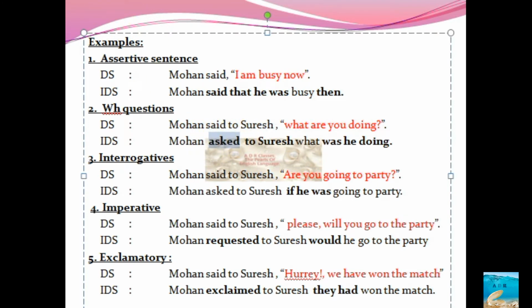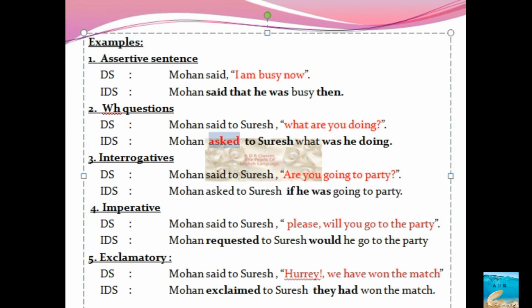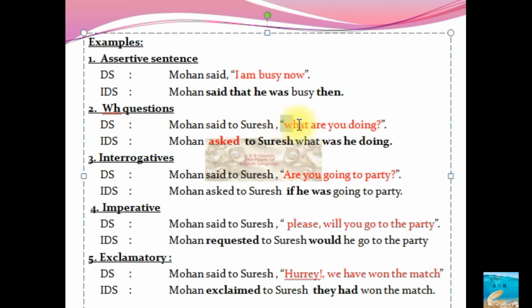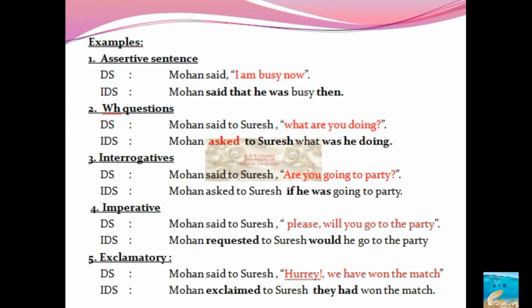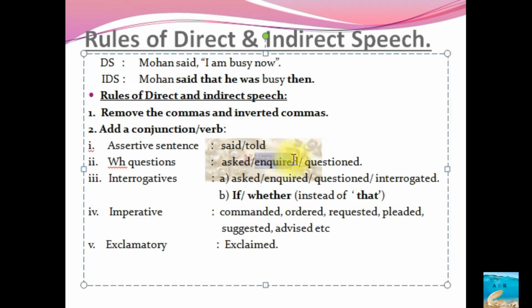Instead of said, I am using asked. Why? Because the sentence is in WH format. Hence, we are supposed to use asked. We can also use, as I have already told you, inquired or questioned. Mohan asked, Mohan inquired, Mohan questioned. You can feel free to use any one of these words.